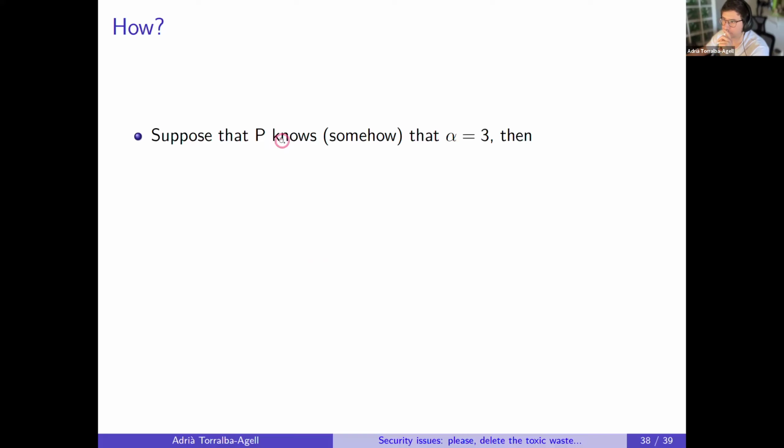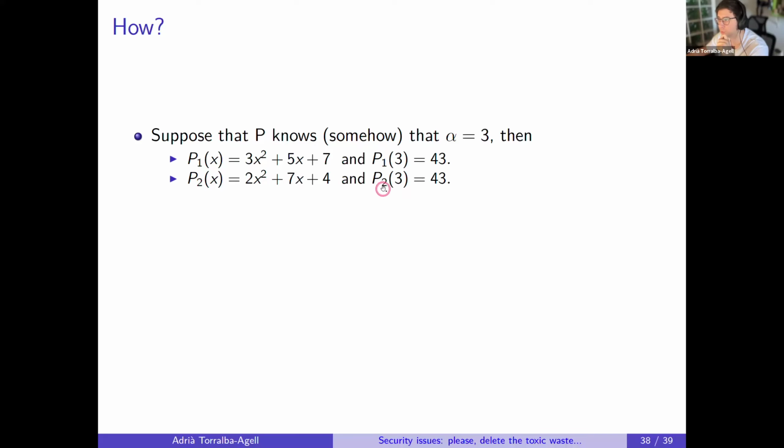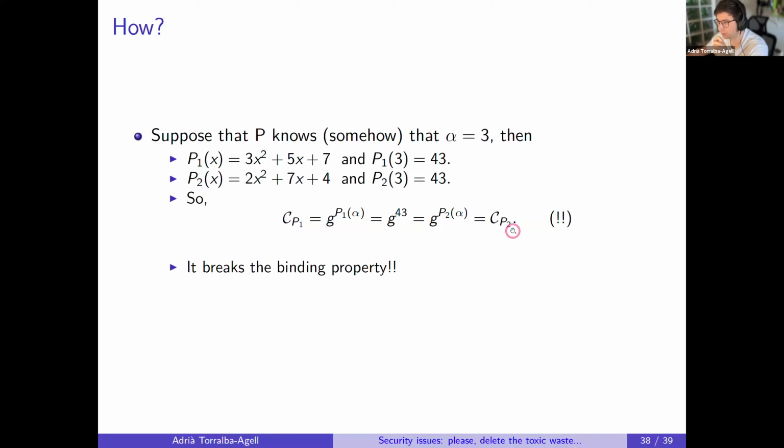If P somehow knows that alpha is 3, then this is the polynomial we have committed. Then P1 of 3 is 43. This is the second polynomial I showed you. P2 of 3 is also 43. So the commitment for P1 is g to 43, which is the same as the other commitment, and it breaks the binding property. So use multi-party computation to generate alpha.